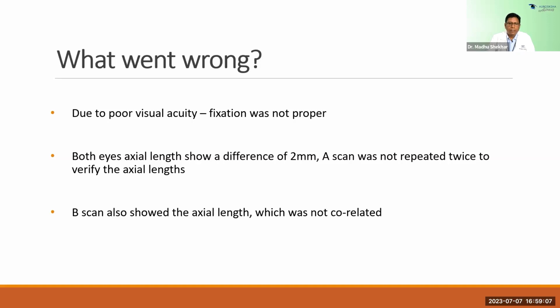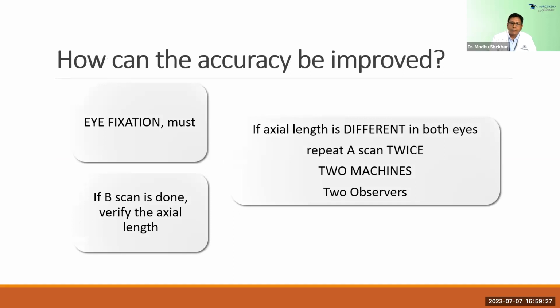When we saw our data, it showed that both eyes' axial length had a difference of 2 millimeter, but the A scan was not repeated twice or by two optometrists. And B scan data was also available, but it was not correlated or verified with the axial length.